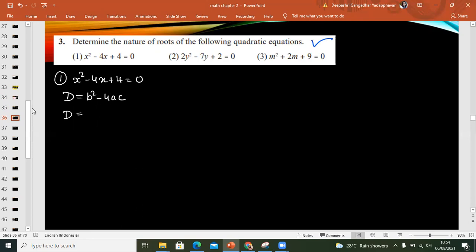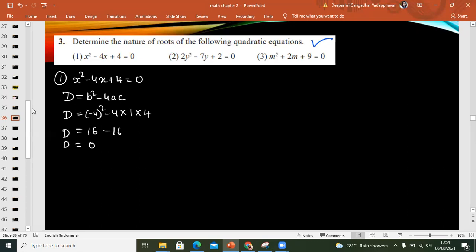D equals b square, here it is negative 4 square minus 4 multiply, a value is 1, c value is 4. So here negative times negative becomes positive, 4 times 4 is 16, minus 4 times 1 is 4, 4 times 4 is 16. Again here the D value we are getting is 0.